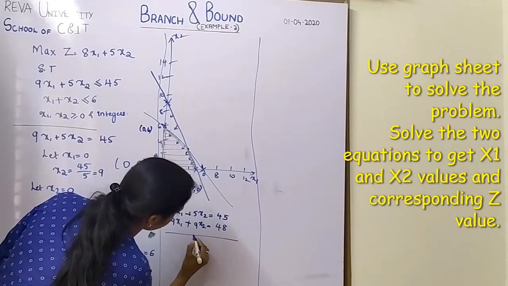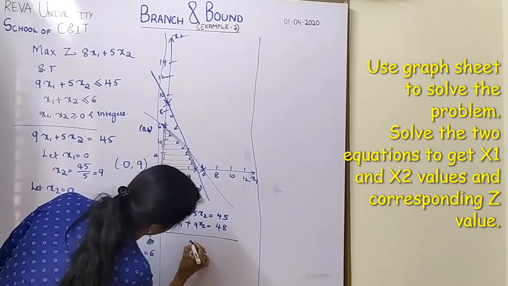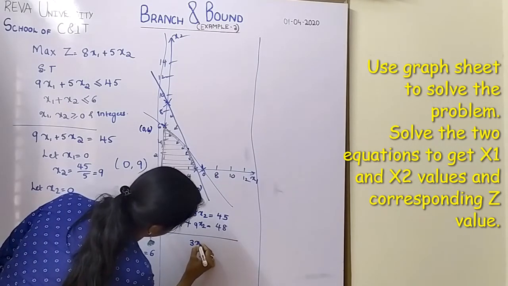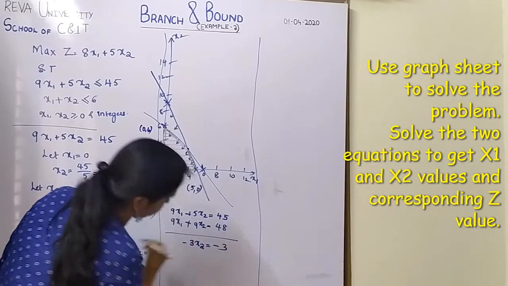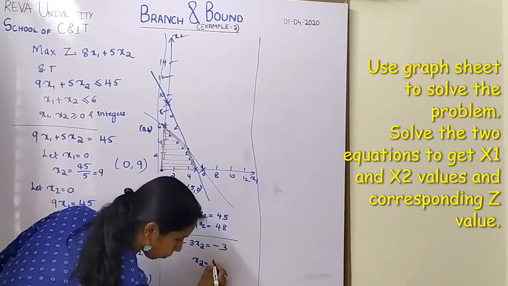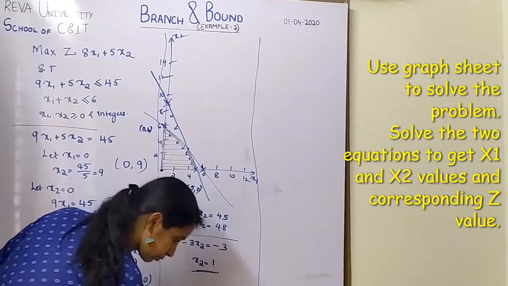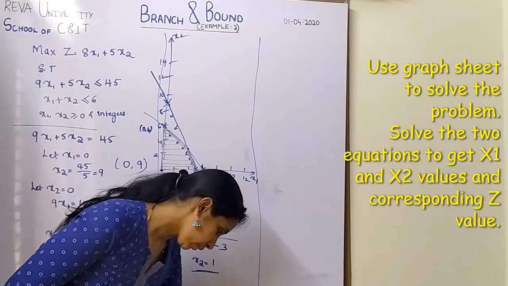If you subtract here, you will get 4x2 equal to 9... wait, let me compute: subtracting gives 3x2 equal to 3. So x2 will be equal to 1.